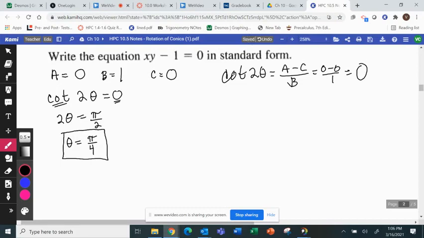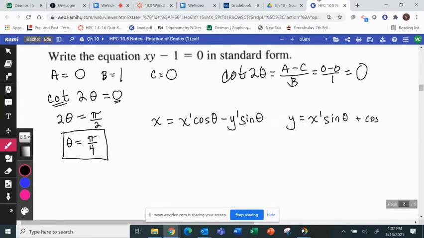So now I'm going to use the second piece of information that I put a box around on that previous page. The formula x is equal to x prime cosine theta minus y prime sine theta, and y is equal to x prime sine theta plus, oops, y prime cosine theta. I'm going to plug in pi over 4 for theta.